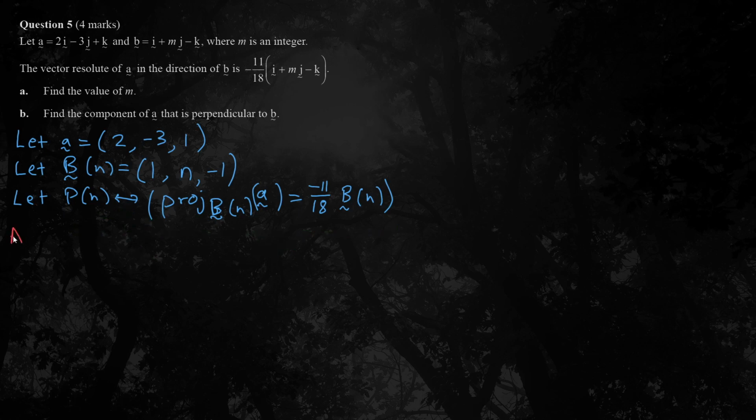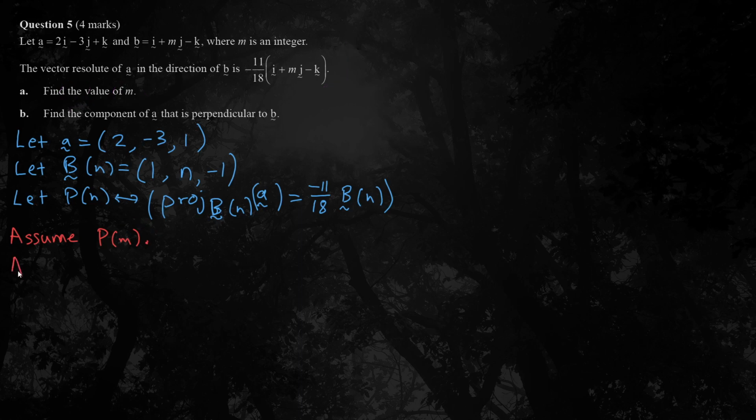Now there's also a little bit more information given. We want to start off by assuming that P of M is true. So this M is not a dummy variable. It's literally the M that we're trying to find. And remember, we've got this uniqueness stipulation, so there's only one value of M that satisfies these conditions.